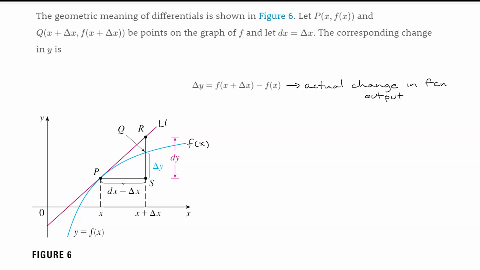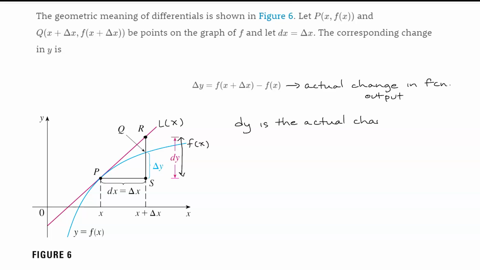Okay, then we have this dy, right? So we have a point, let me call the tangent line L of x. We have the point P and we have the point R. And you see this dy is the amount that the tangent line's output is changing, right?